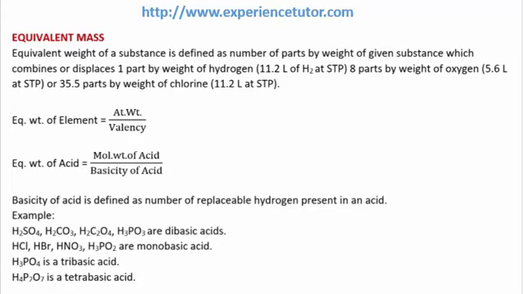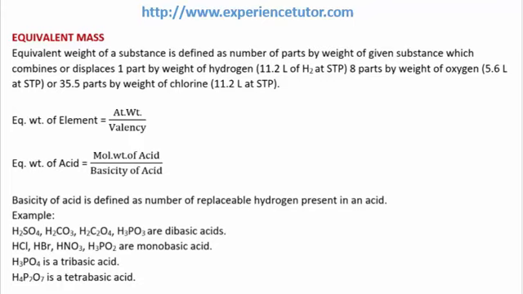Equivalent mass. Equivalent weight of a substance is defined as the number of parts by weight of the given substance which combines with or displaces one part by weight of hydrogen.